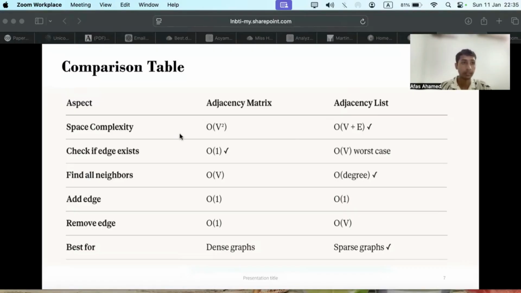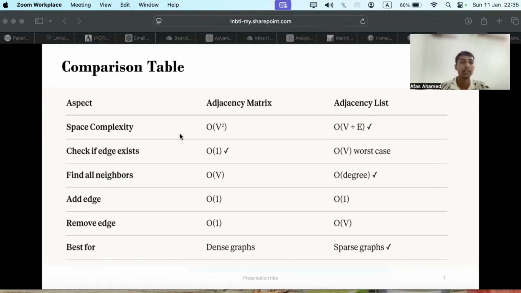The adjacency matrix always needs V square space because it stores a full table even if there are very few edges. The adjacency list only stores actual connections, so it uses V plus E space, which is much more efficient for large graphs.